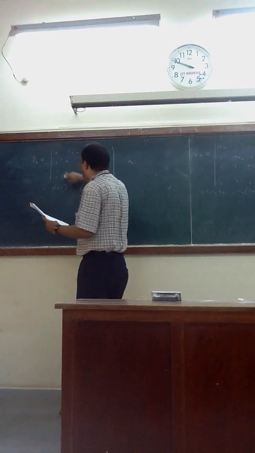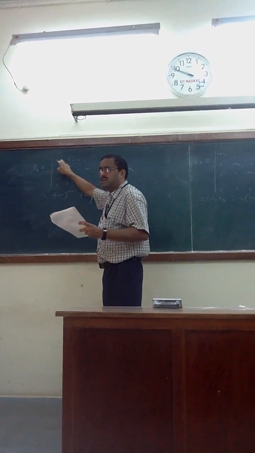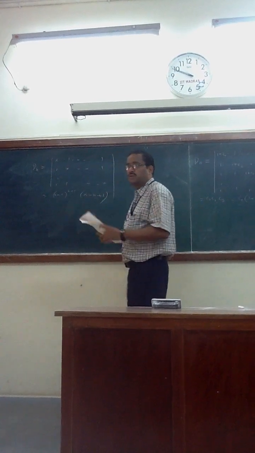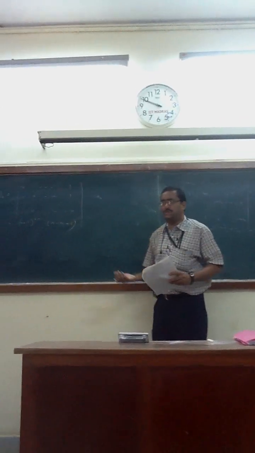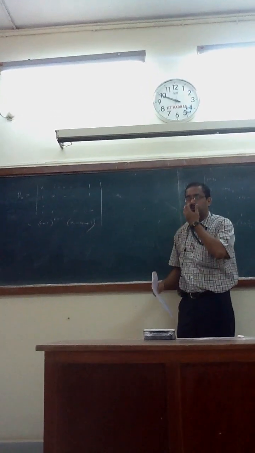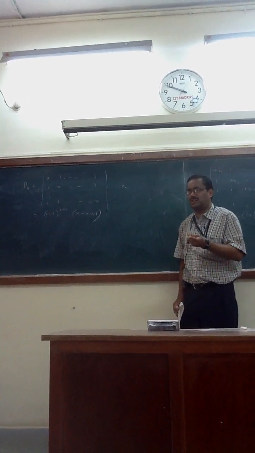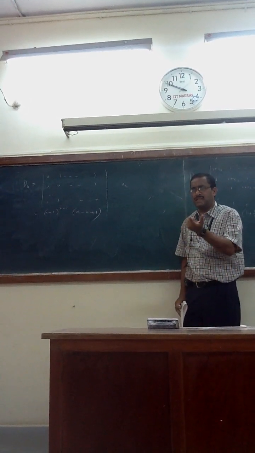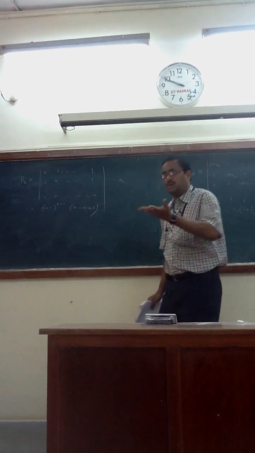First row: if you subtract the last row, what do you get? x minus 1, 0, 0. Similarly, will the determinant be changed if you subtract a row from another row? Of course not. You have seen property number 6 or 7: if you add a multiple of some row, nothing will change, and alpha could be 1.